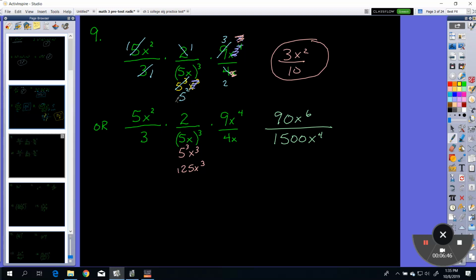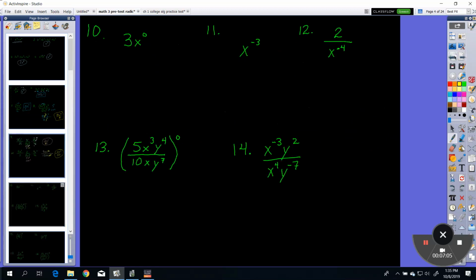Oh, on the bottom one up here, 5 squared is 25. So I messed up. 25 times 2 is 50. So on the calculator, it said it was 3/50. 4 of these x's will take away 4 of those and leaves me with x squared. So different ways to do them.